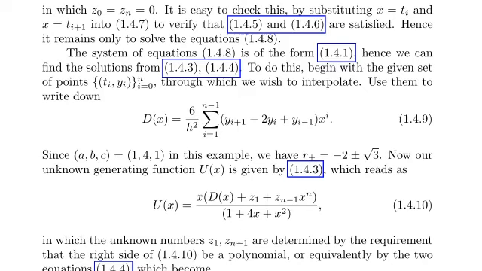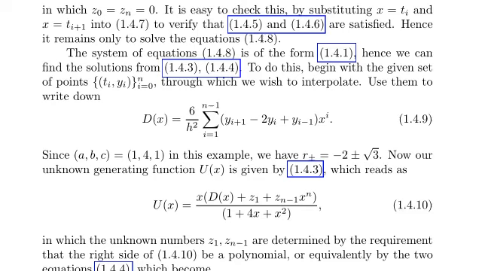Alright, so we've verified that all of the conditions hold when we define S_i as they've defined it in 1.4.7. So let's carry on. Hence it remains only to solve the equations 1.4.8.